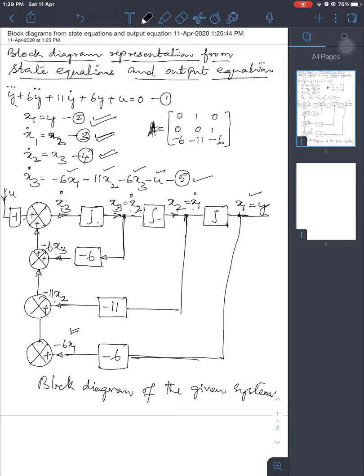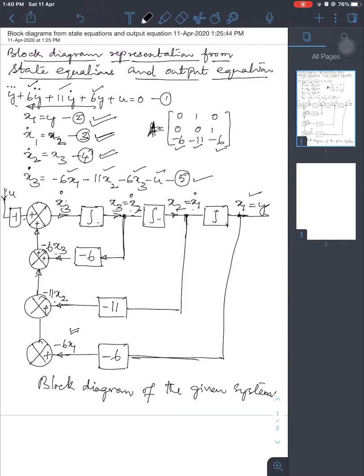And the third row, if you see, is the negative of the coefficients taken in the reverse order. Thus, minus 6 corresponds to the negative of the coefficient of y. Minus 11 is the negative of the coefficient of y dot. Minus 6 is the negative of the coefficient of y double dot.